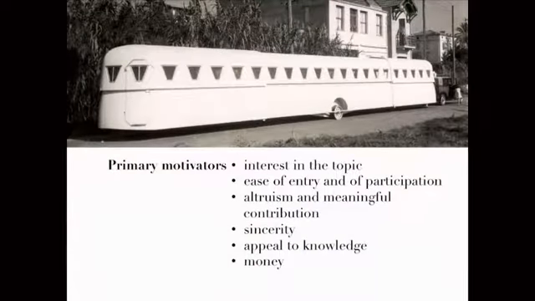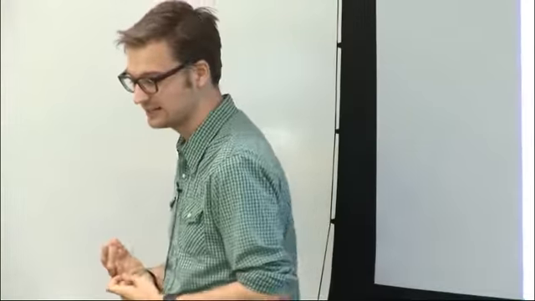And from there, I went and I interviewed people to try to figure out what points of interaction actually matter to users. And on the other end, I ended up with a number of primary and secondary motivators that seem to suggest things that you either need to have or that is good to have in a crowdsourcing project to compel people to contribute. And I'll read these off, but I'll look at them closer in a moment.